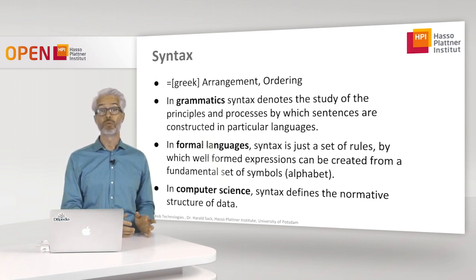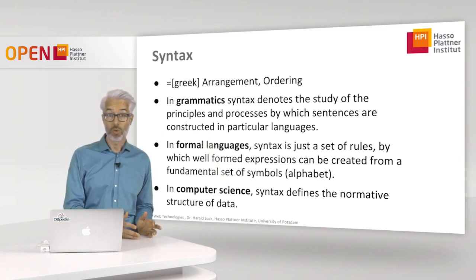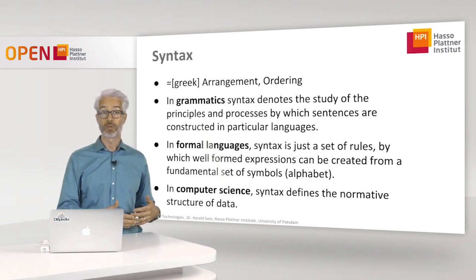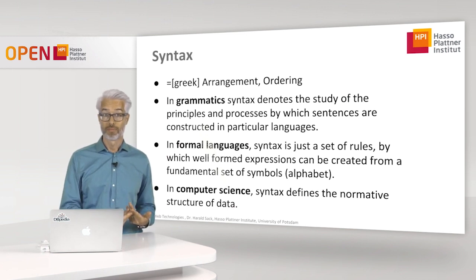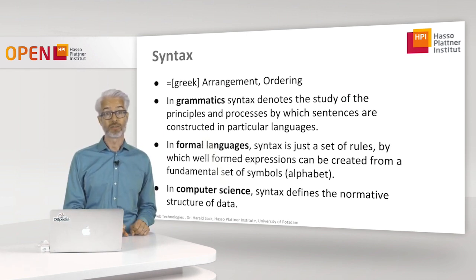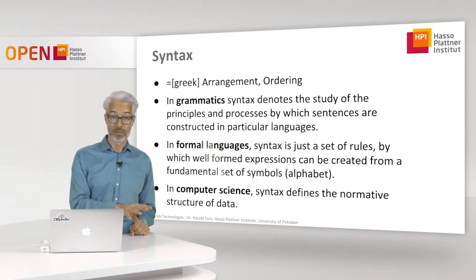And you have a set of rules which determine how these symbols of your alphabet have to be put together to form something meaningful, which means to form something which is allowed according to the rules of syntax. In computer science, in general, syntax defines the so-called normative structure of the data that you are using. And there are rules which say what is allowed and what is not allowed.